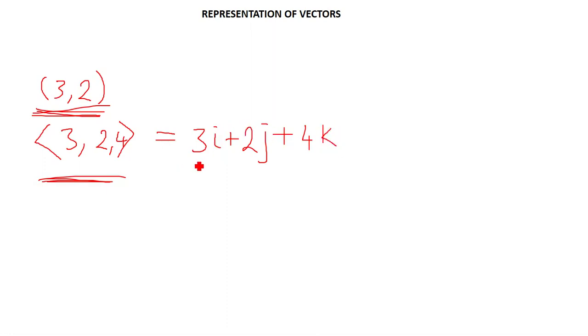This 3 represents a position on the x-axis, this 2 a position on the y-axis, and this one on the z-axis. So when you see a vector in this format, know that it's a 3-dimension vector, and if it's only ending at j, then it's a 2-dimension vector.